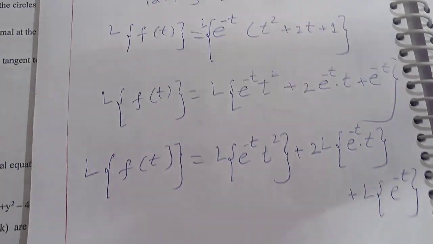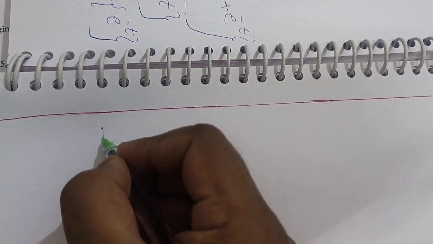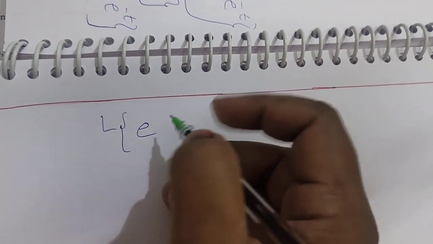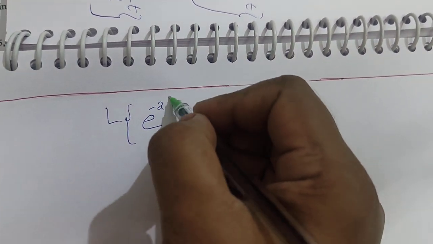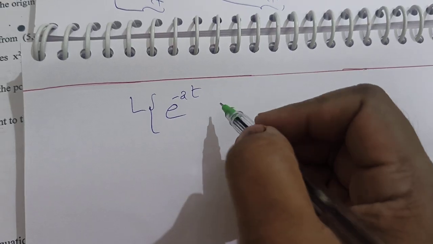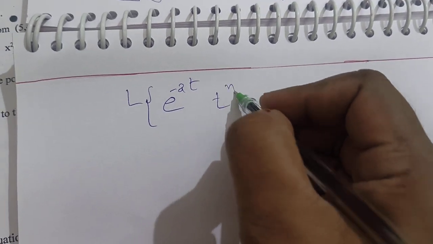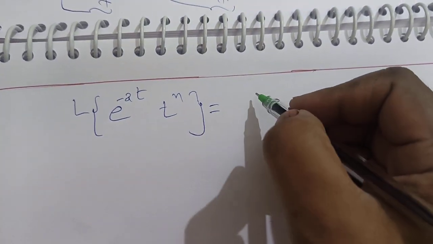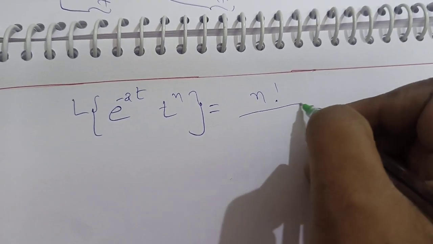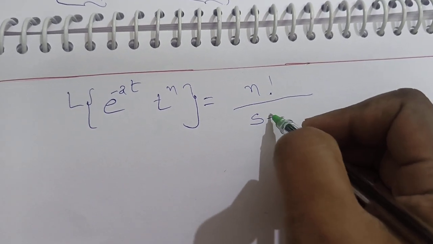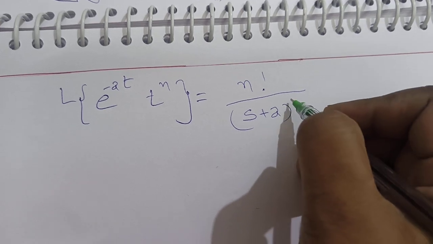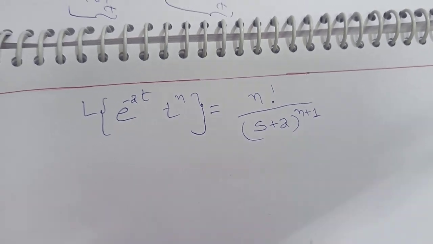Now we have to apply the formula. L of e to the power of minus at into t to the power of n gives n factorial by s plus a whole to the power of n plus 1.